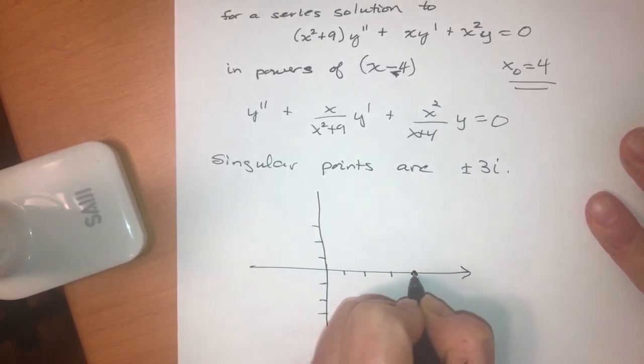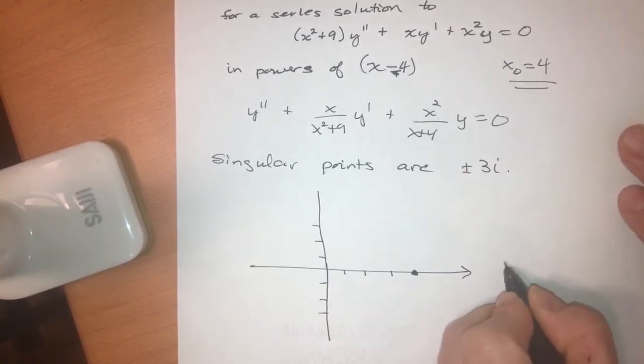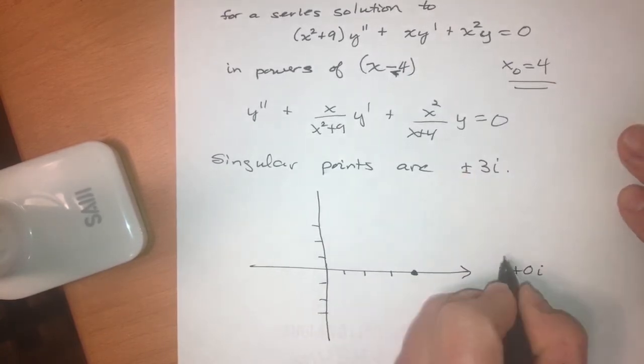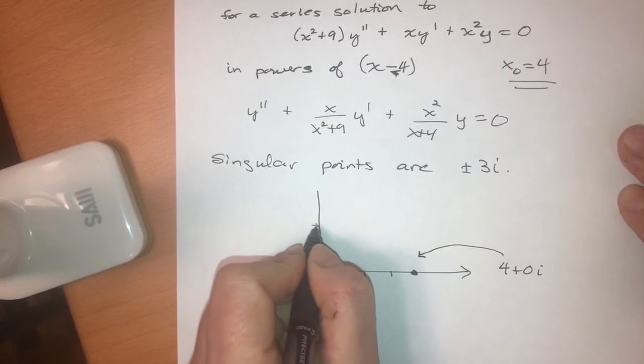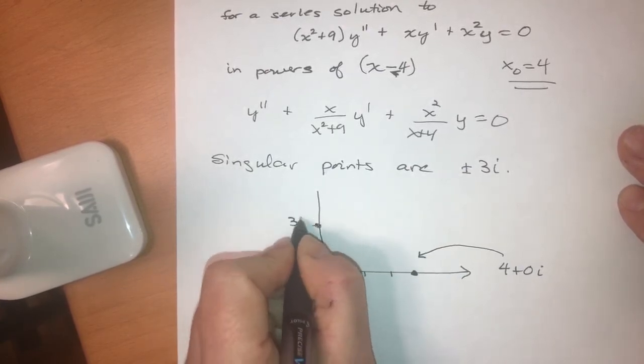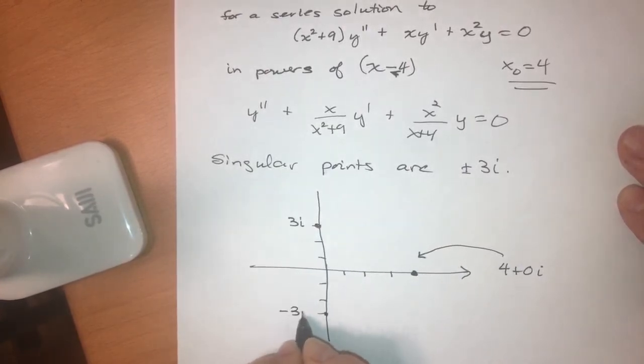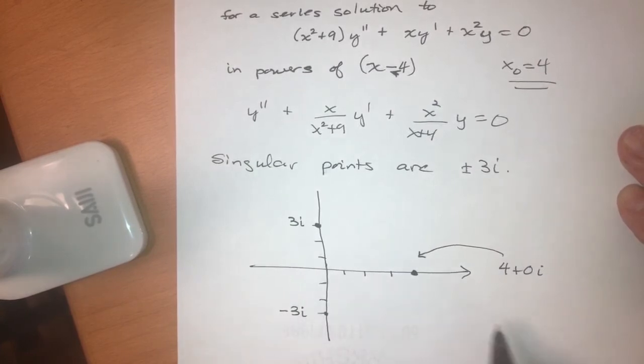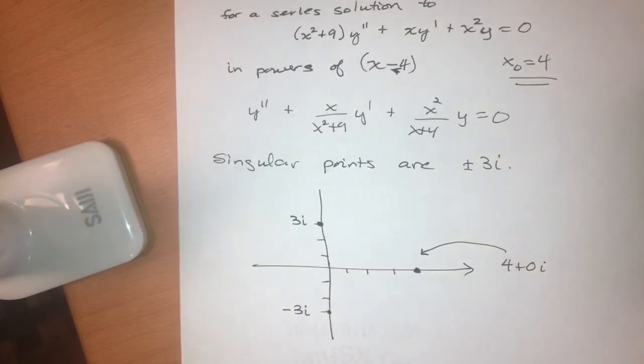Here's my point. 4 plus 0i is right here. My two singularities are 3i and minus 3i. And then to figure out the distance between this point right here and either one of the singularities, you'll just use the Pythagorean theorem, which is also known as the distance formula.